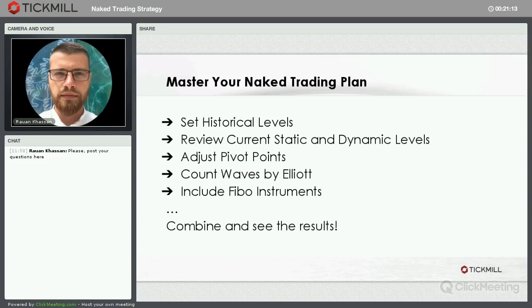Finally, you include Fibonacci instruments such as extensions and retracements. Afterwards, you combine all of them and see the results. That's it. I hope that you have got a clear understanding of the indicator-free trading plan, and all of its elements are understandable for you.